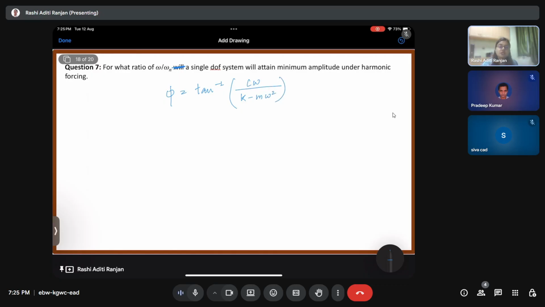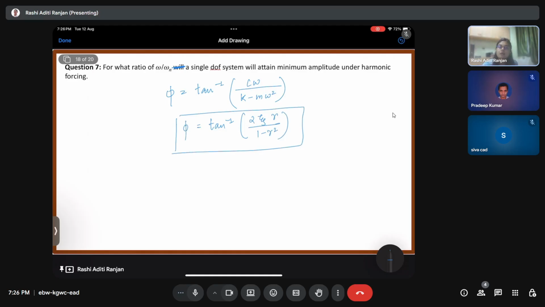So if we change it into the form of R and eta, we can write it as tan inverse of 2 eta R by (1 minus R square). This is phi. Okay.